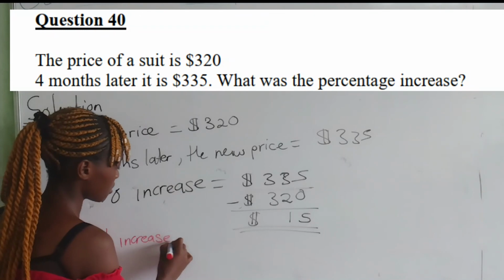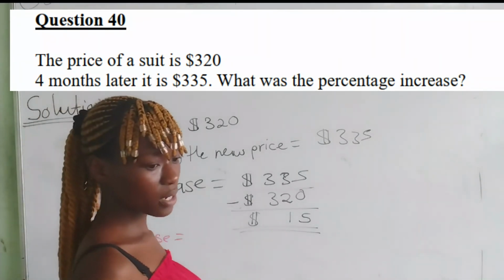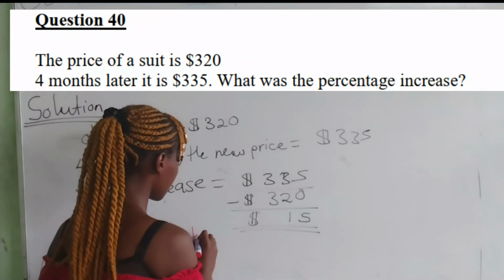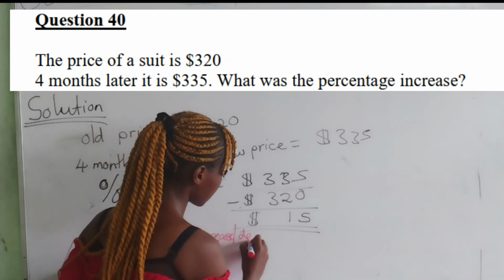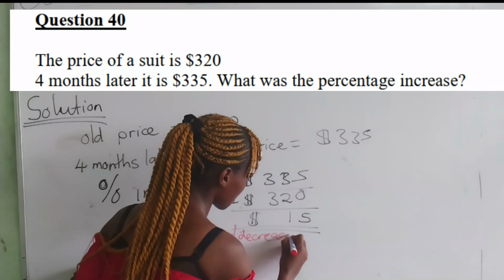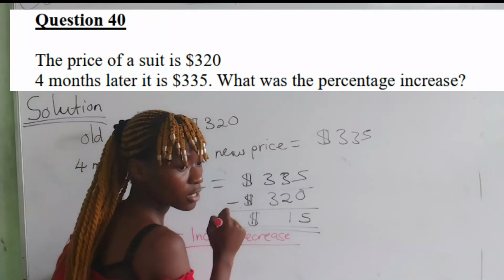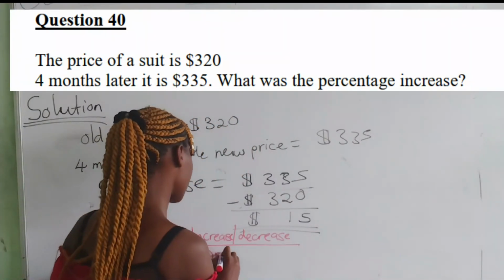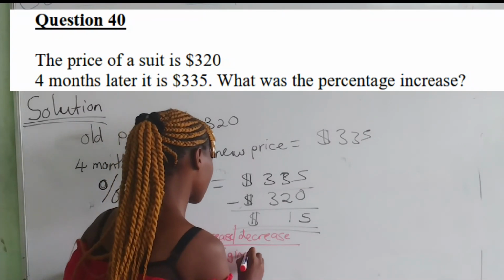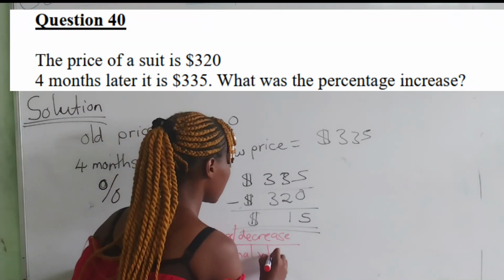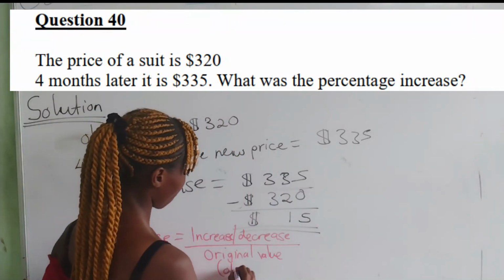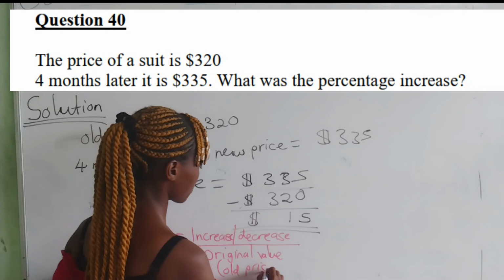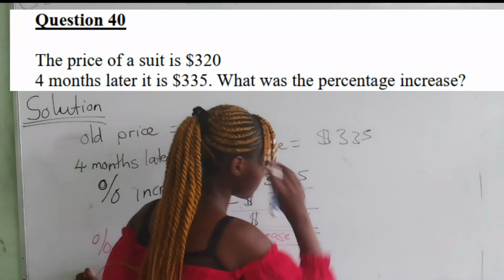The formula reads increase over original value. In our case, the original value is the old price, times 100.